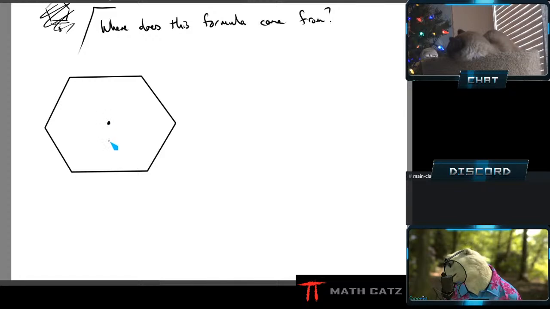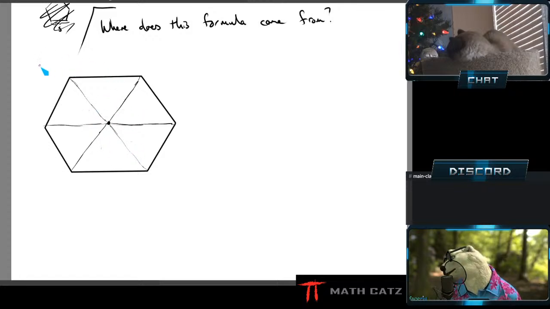So I'll have a center point, of course. This is true for any polygon. I can split it up from the center into triangles that are all the same. Now I'm freehanding this. Triangles, because it's regular. I know mine's a little flat, but all these triangles are the same.